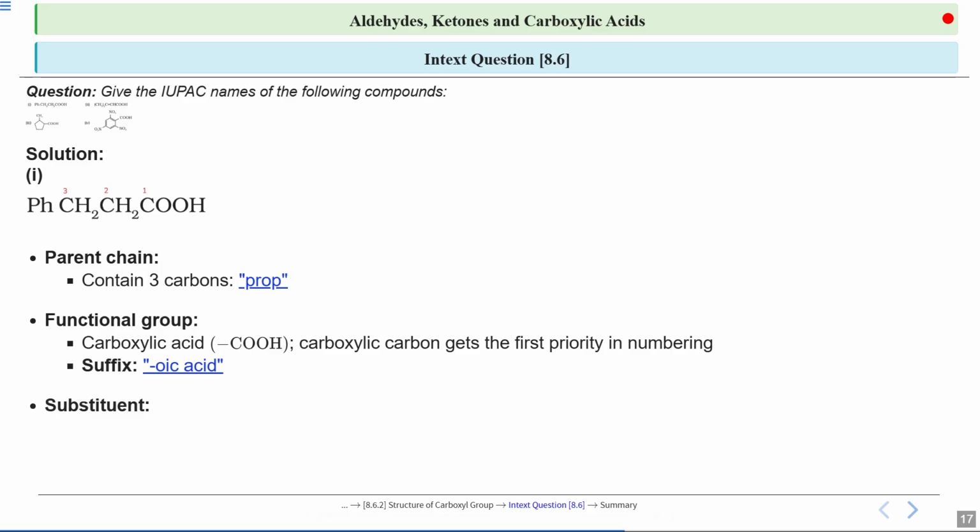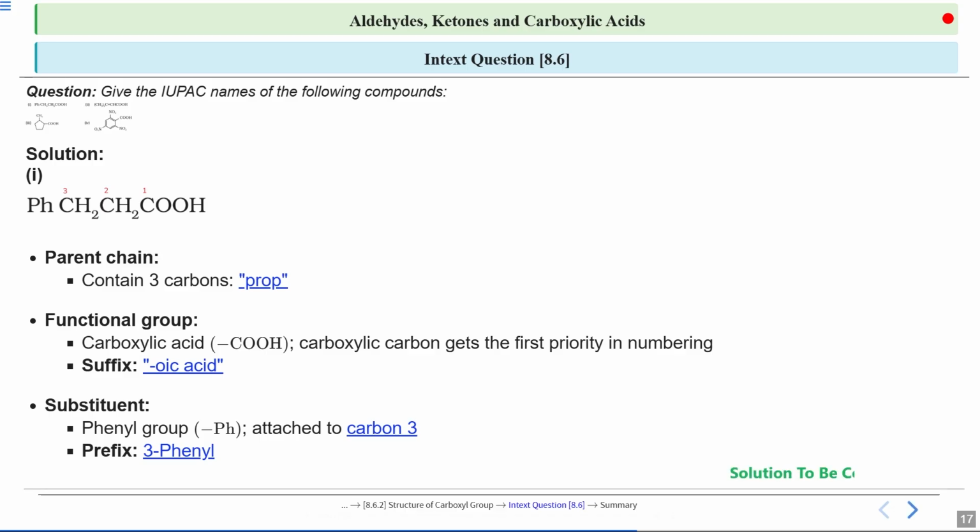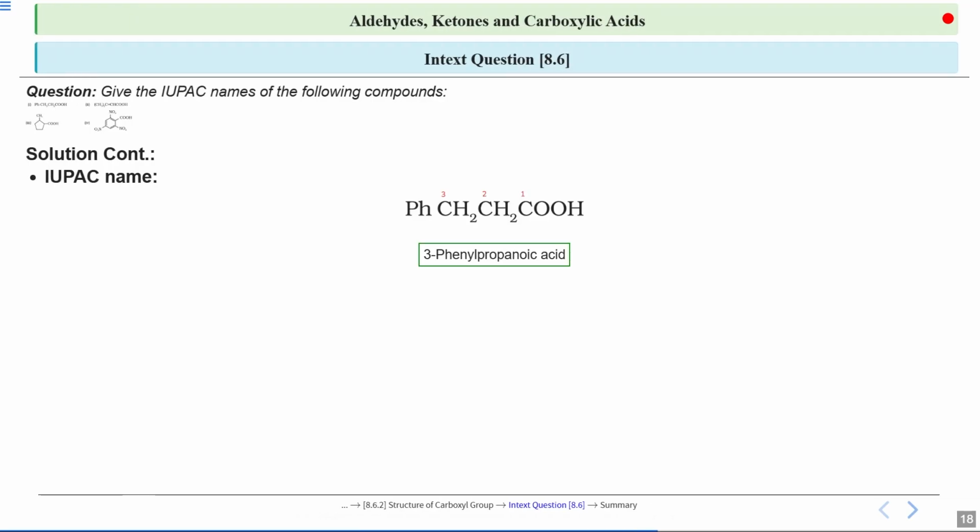And for the substituent, on the third carbon I have a phenyl group attached. So the prefix we use is 3-phenyl. If I write the IUPAC name, this will be 3-phenyl propanoic acid. The E is replaced by oic, and on the third carbon I have a phenyl group, so this is 3-phenyl propanoic acid.